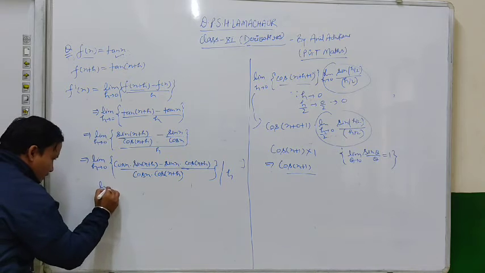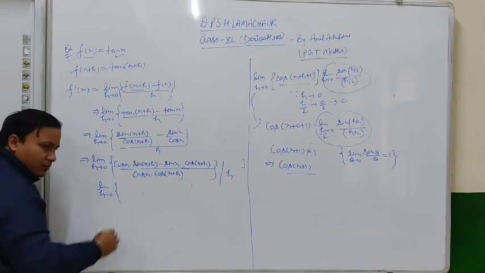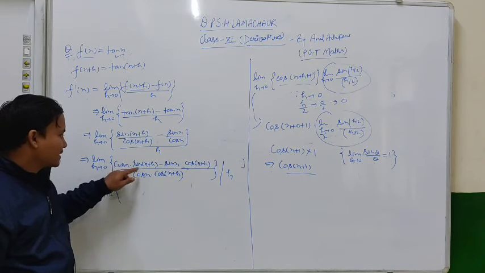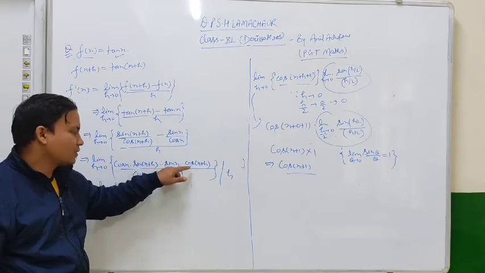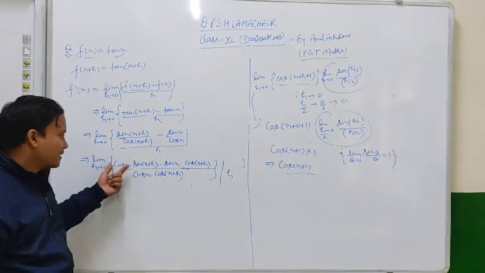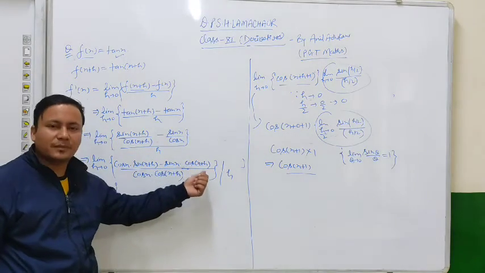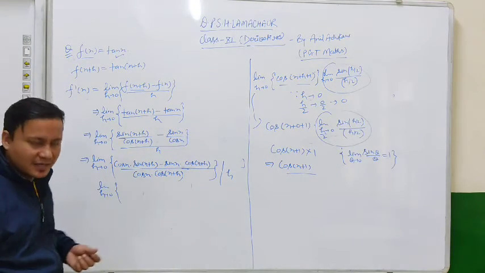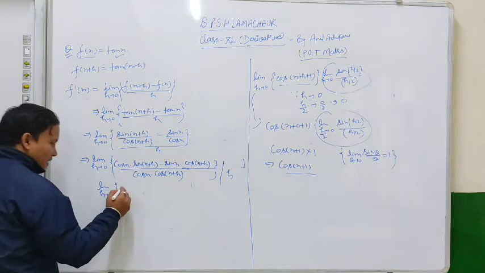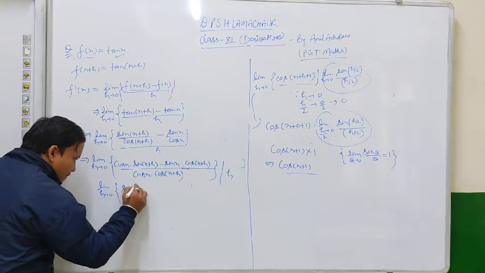Now see, in the numerator of this given function there is a formula: cos x sin(x plus h) minus sin x cos(x plus h). So what kind of formula is generating over here? sin x cos b minus cos x sin b. It means it is a formula for sin(a minus b), or you can say sin(x minus y). So we are just applying the formula.